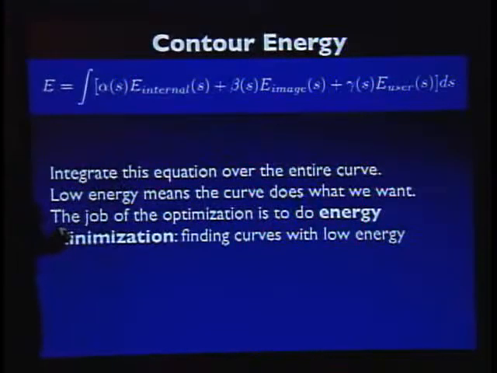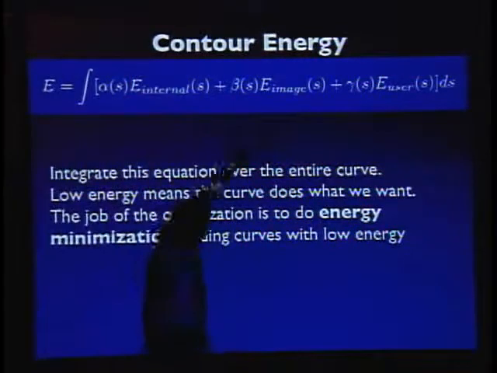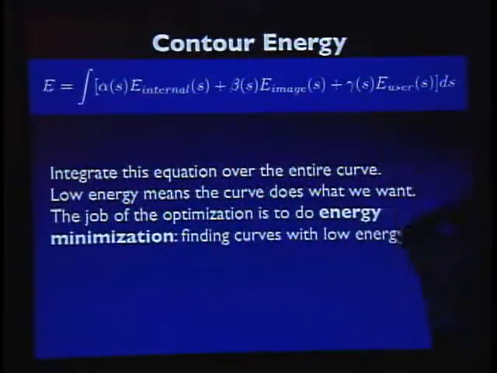Then what you can do is integrate some energy function over the entirety of the contour. If you just look at the fact that there's an integral and a bunch of stuff that depends on S, and you're integrating over ds, then for every position on the contour, you get a sense of the energy, and you're integrating that over the entire contour.